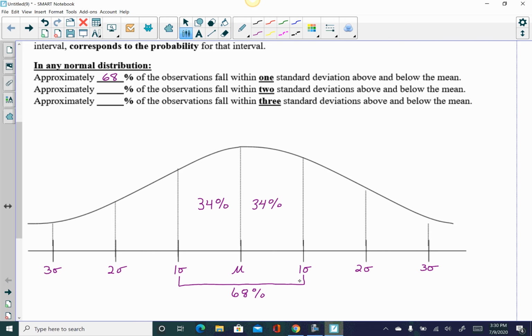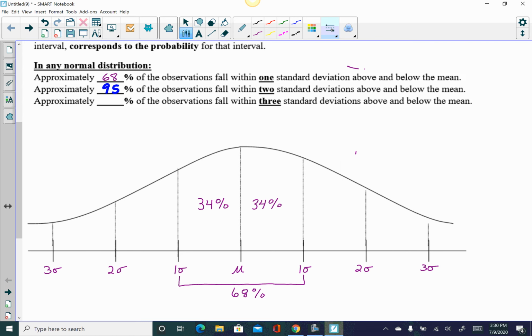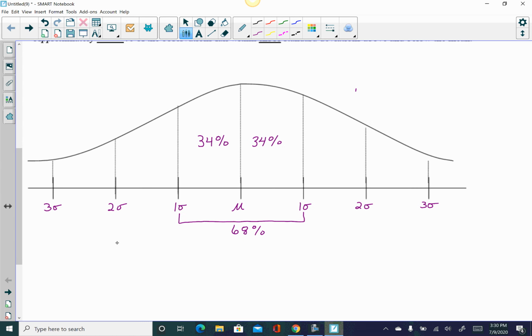Okay. Your next data point says that 95% of your data is between 2 standard deviations above and below the mean. So now from here to here represents 95% of our data.